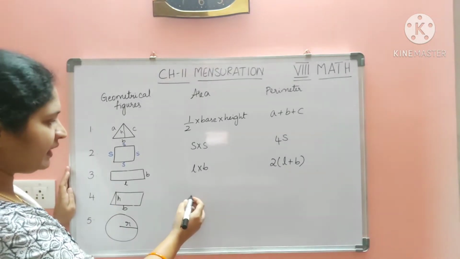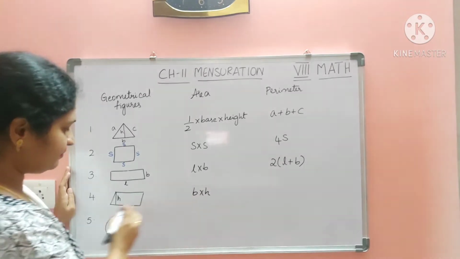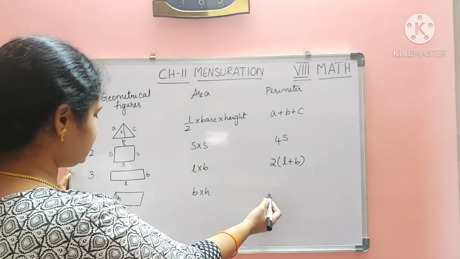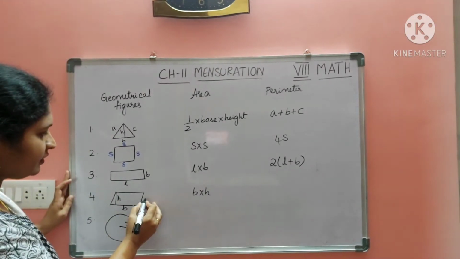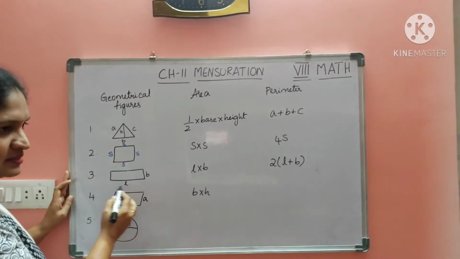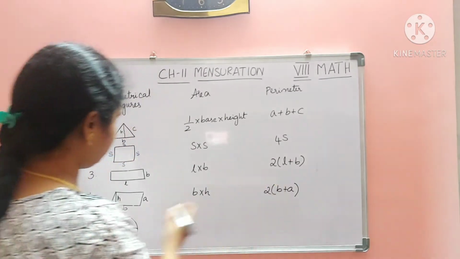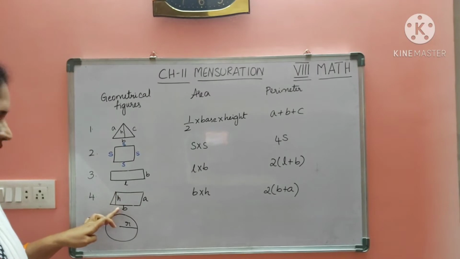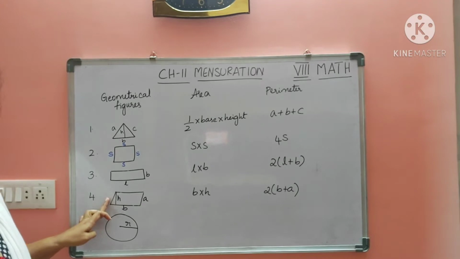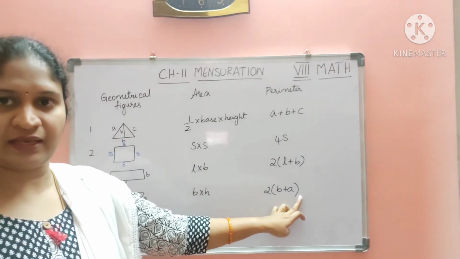So the area of the parallelogram is base into height, B into H. And suppose I am taking this side as A. The perimeter is the sum of all the sides, so you can take it as 2 into (B plus A), because opposite sides are equal and parallel. If this is B, this is also B; if this is A, this length is also A. So the perimeter will become 2 into (B plus A).